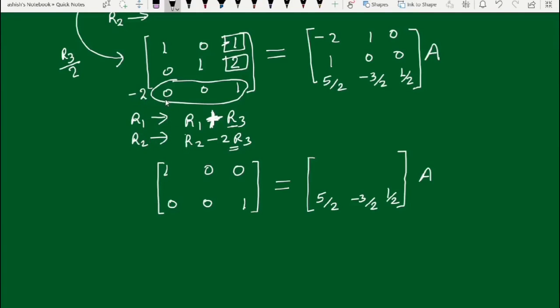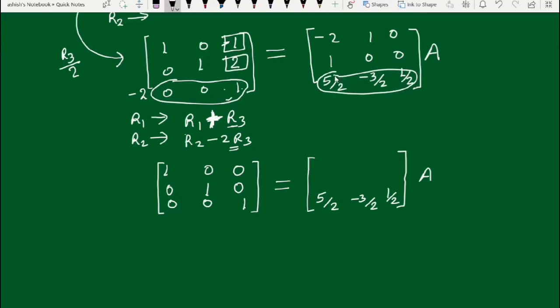For R2, multiplied by minus 2: 0 plus 1, that is 1, and minus 2 plus 2, that is 0.